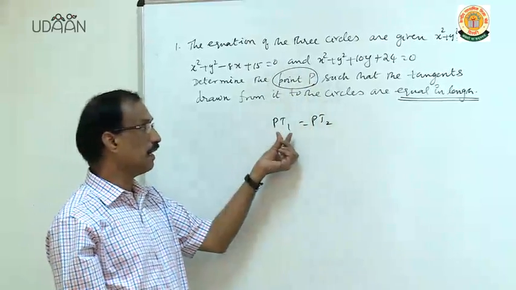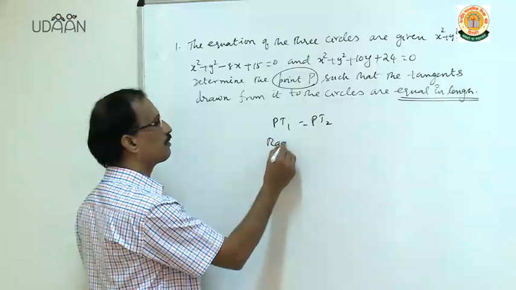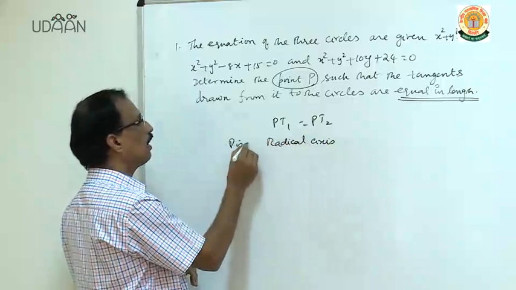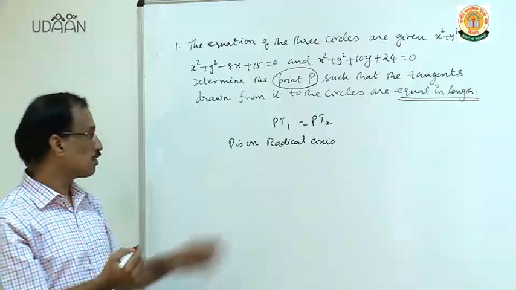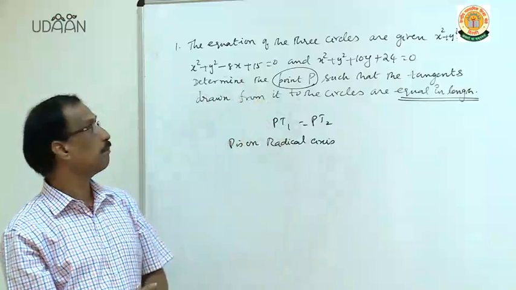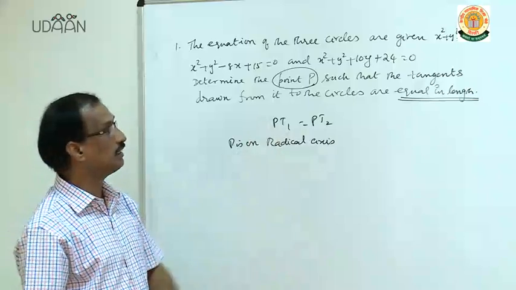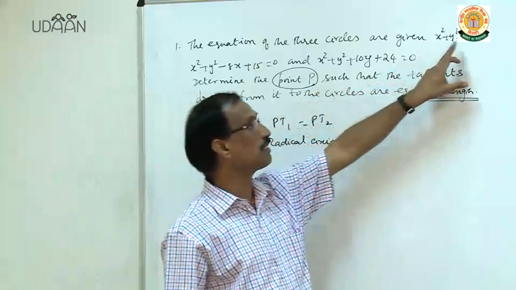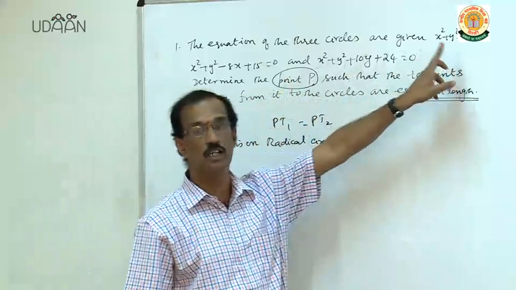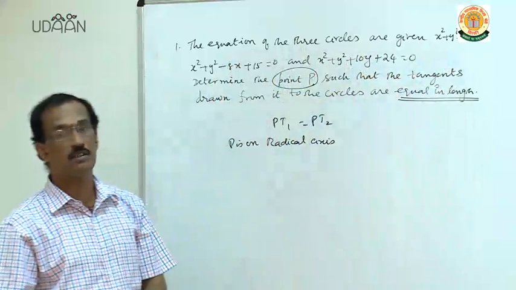That means this point P is on the radical axis. Now, how to find this point P? Three circles are given. Here x square plus y square equal to 1 is S equal to 0, the second is S dash equal to 0, and the third is S2 dash equal to 0.